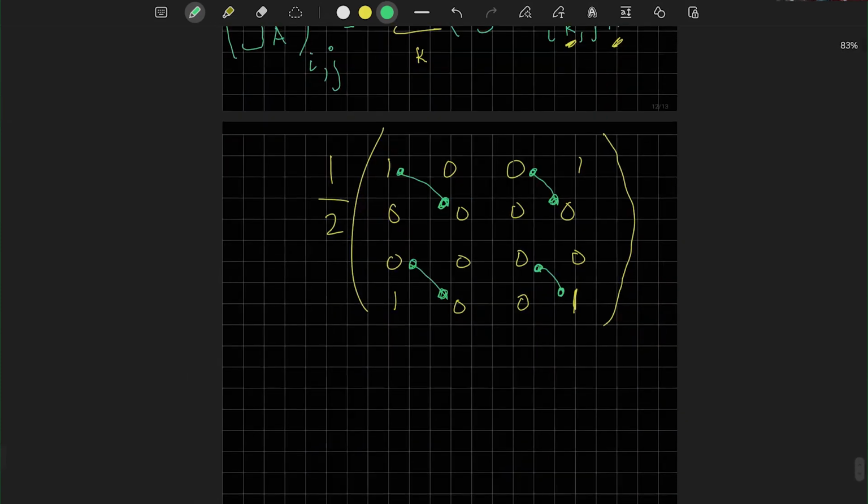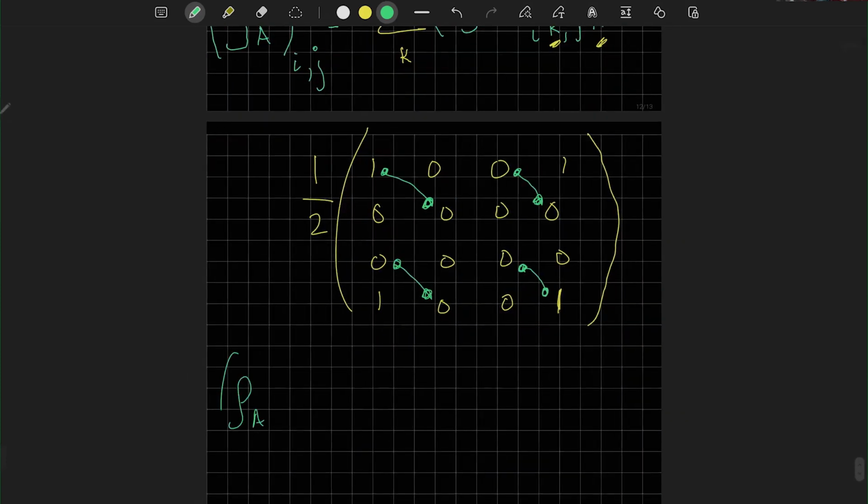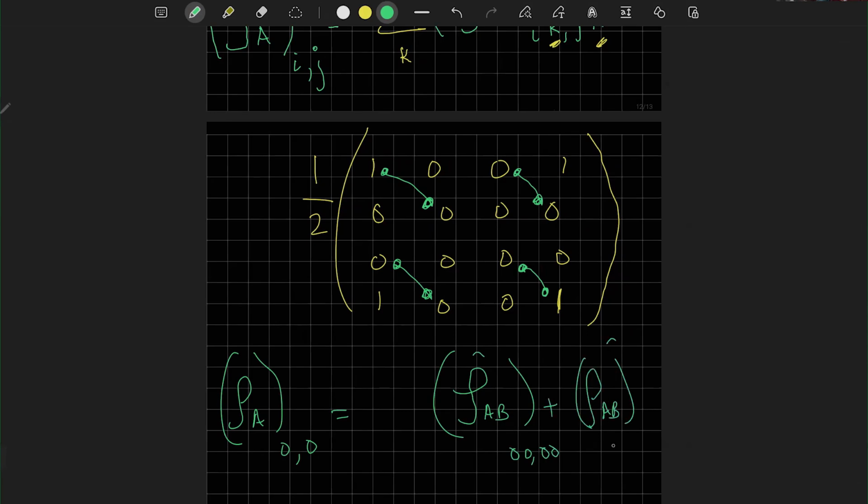For example, rho A 0, 0, the topmost term, is going to be rho AB 0, 0, 0, 0 plus rho AB 0, 1, 0, 1, which are just these two terms over here. This term is this term, this term is this term.